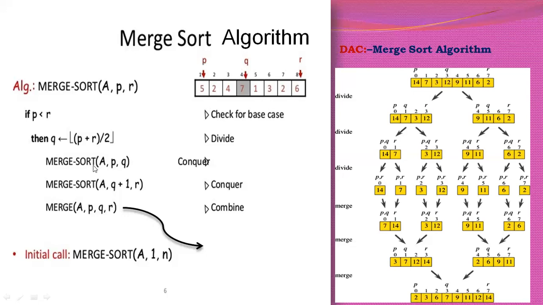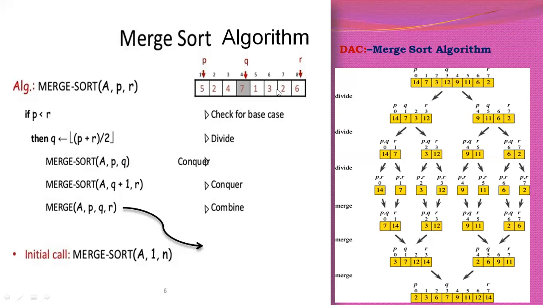That means if you break down the given array into two subparts, the first sub array starts at P, and the last element of that sub array is Q. So A, P, Q: we can sort the elements initially in the left sub array.